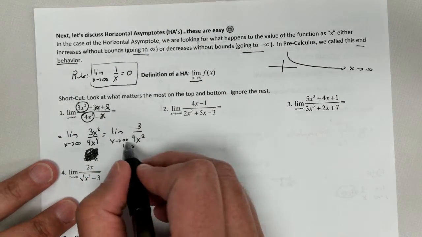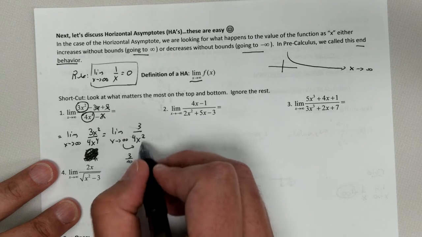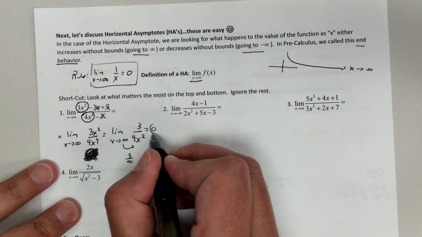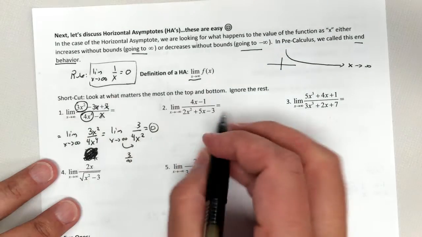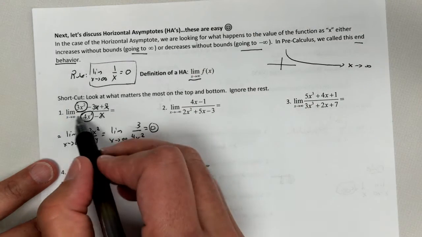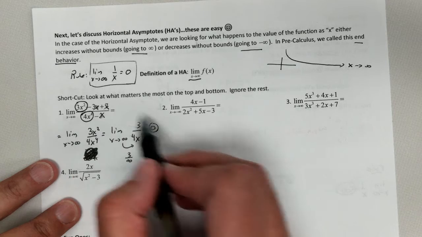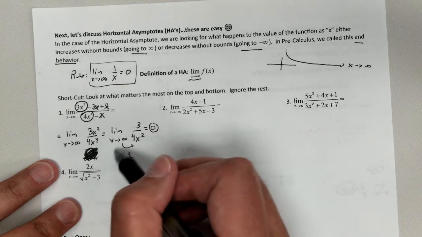Because if I were to plug this infinity in, I would get 3 over infinity. And my rule now says that's just going to become 0. So we have a horizontal asymptote at 0 right there. And that's how we actually define it. So remember pre-cal last year you learned if it's big on bottom, it's 0? Well, now we know why. We're taking the limit process.